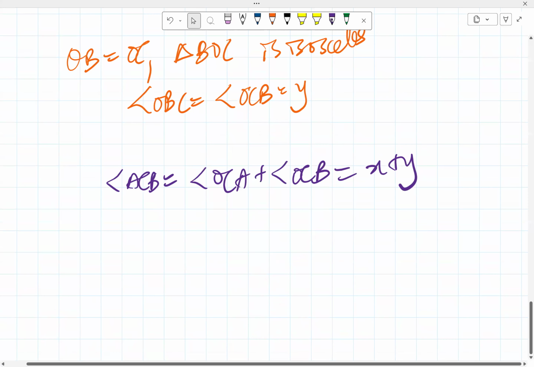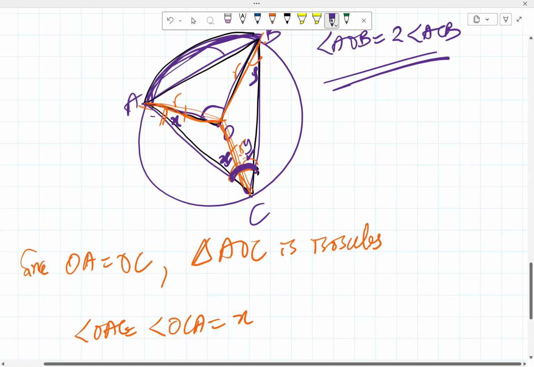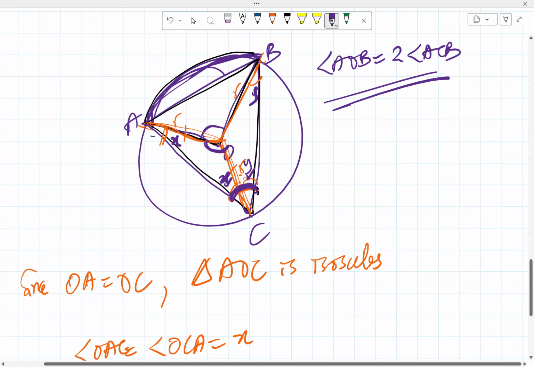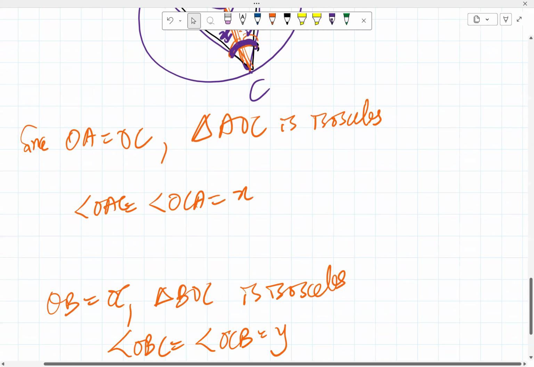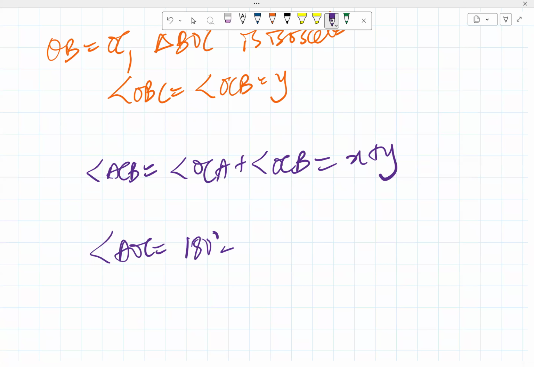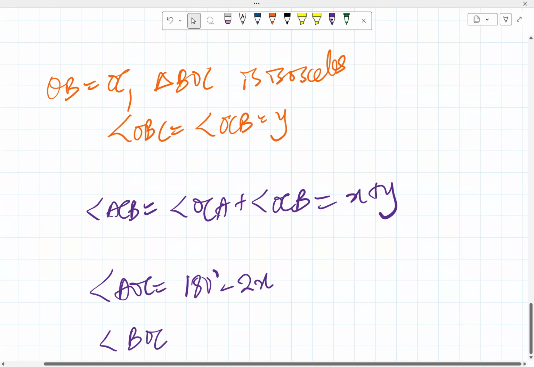So then we can now consider the central angle. For the central angle in this triangle AOC, this angle right here, AOC, we can say that, because X plus AOC is 180 degrees, angle AOC is equal to 180 degrees minus 2X. Again, look at BOC now.